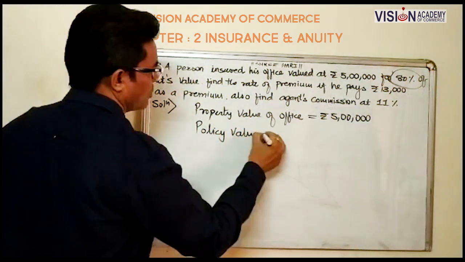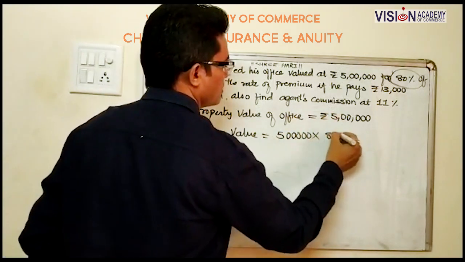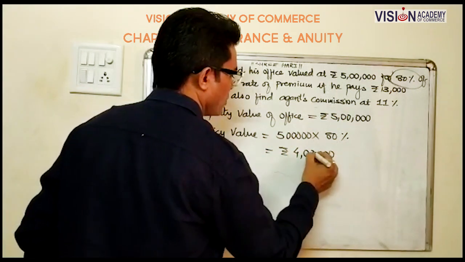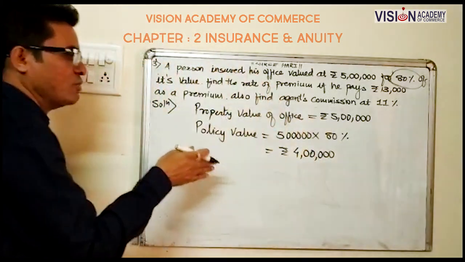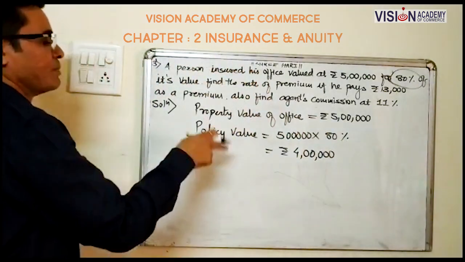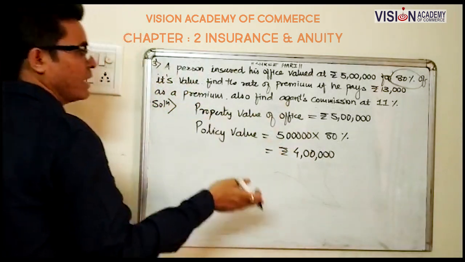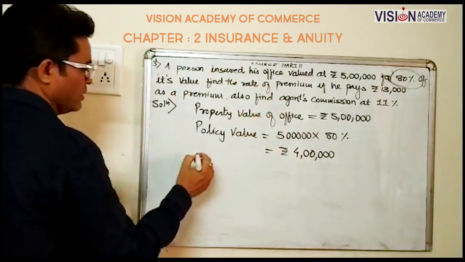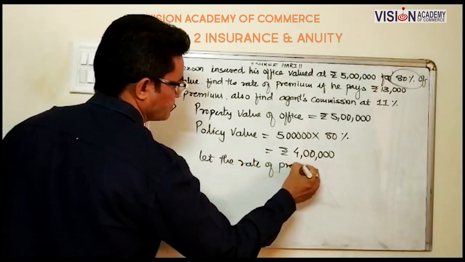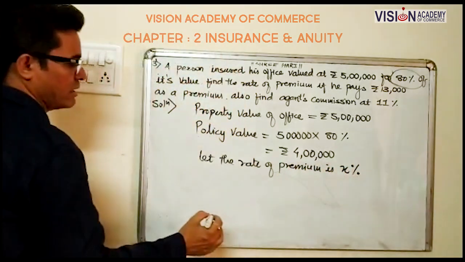If it is insured for 80%, its policy value is your property value into 80%, which comes to rupees 4 lakhs. Property value is 5 lakhs and as per 80% of its value, the policy value becomes rupees 4 lakhs. We want the rate of premium, and in this part the premium is given. So let the rate of premium be X%.